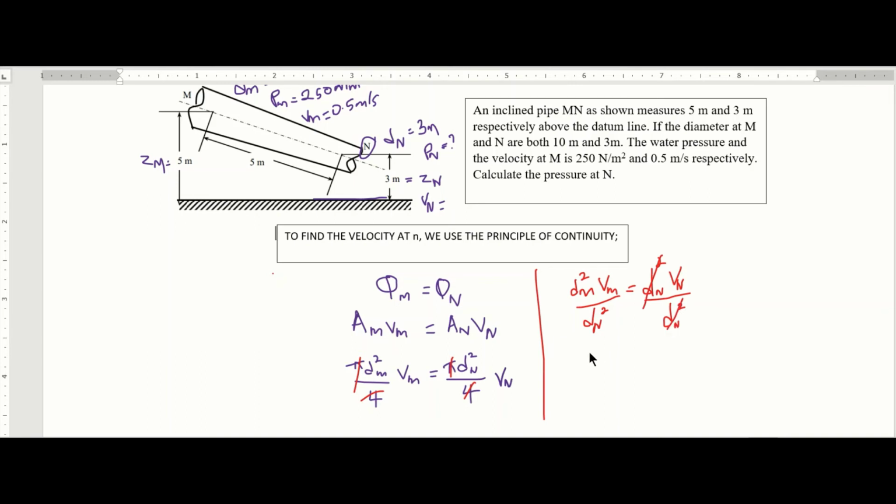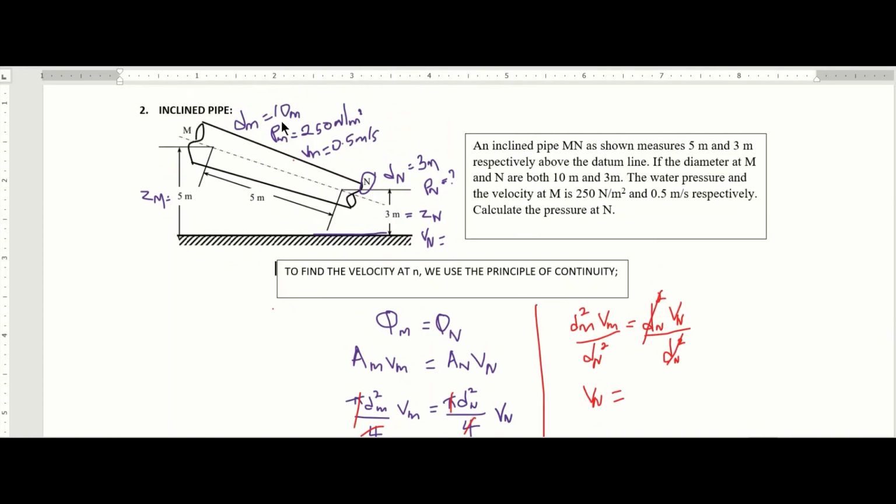Alright, so I'm left with the velocity at N is equal to the diameter at M squared. Diameter at M is given as 10, so we have 10 squared times the velocity at M, which is 0.5, divided by the diameter at N, which is 3, so it's 3 squared.